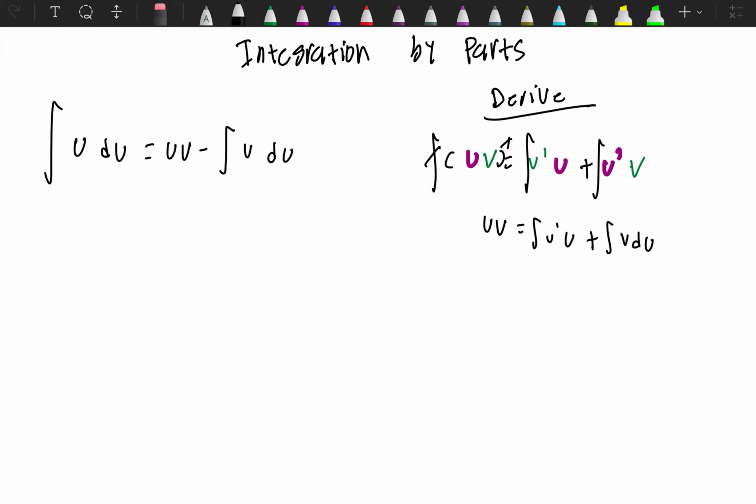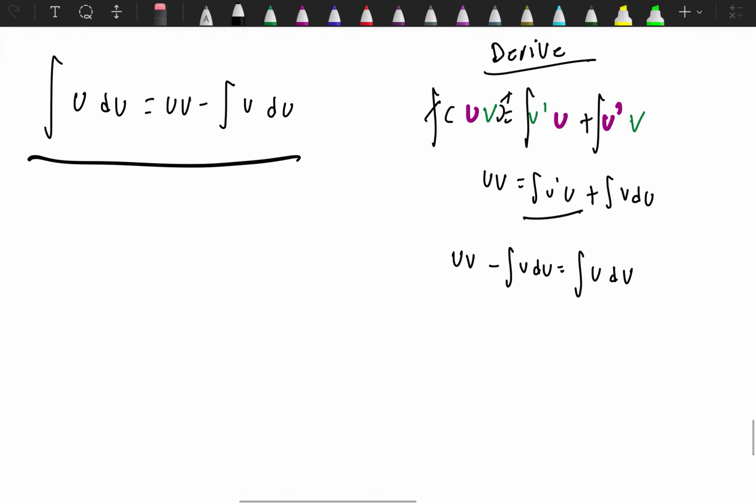So since you want u dv, you just want to do uv minus v du equal to u dv. It's essentially where you get the whole formula from.